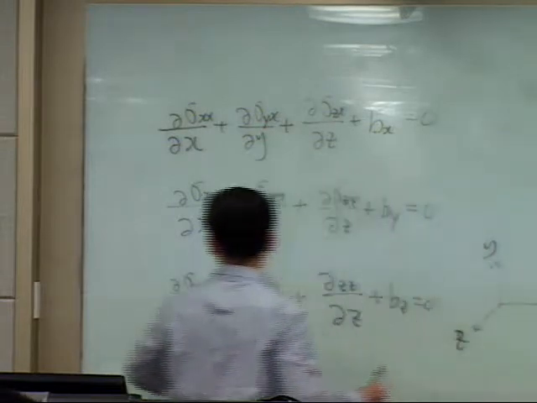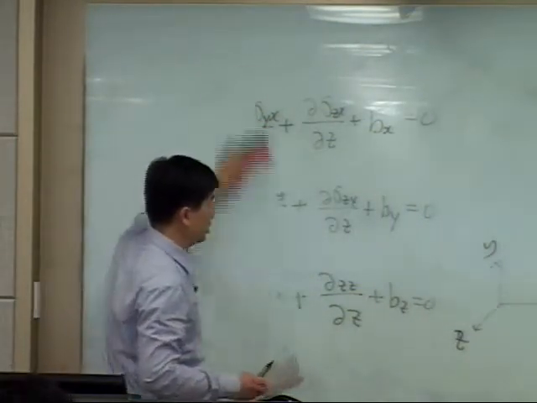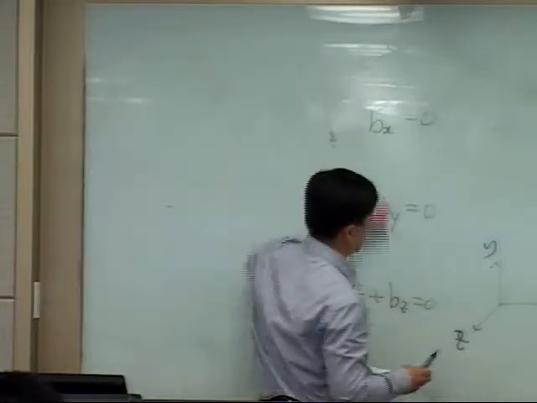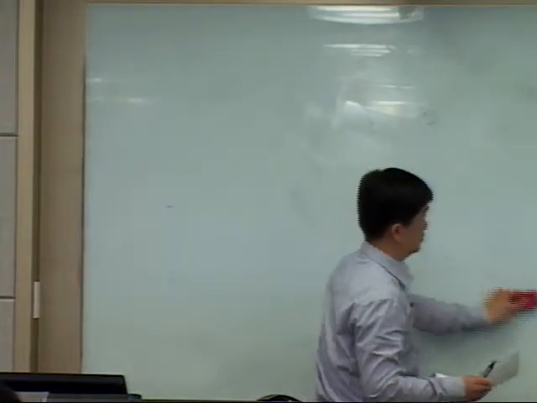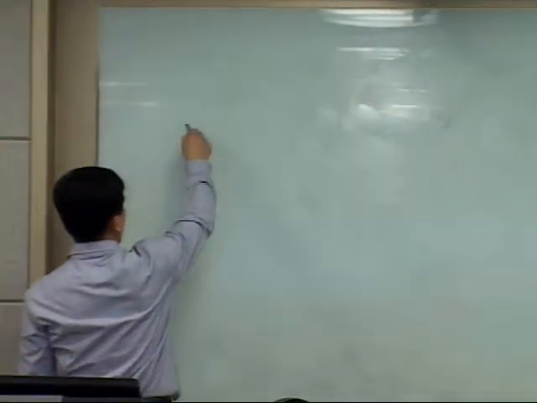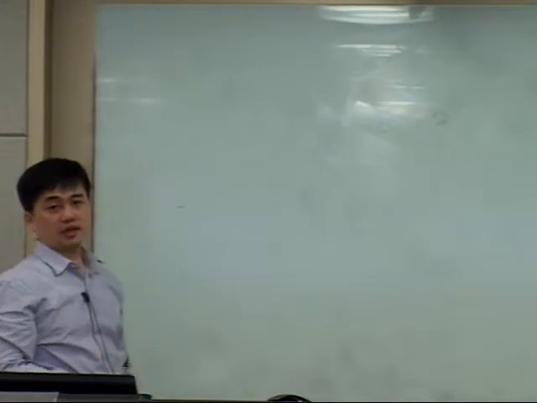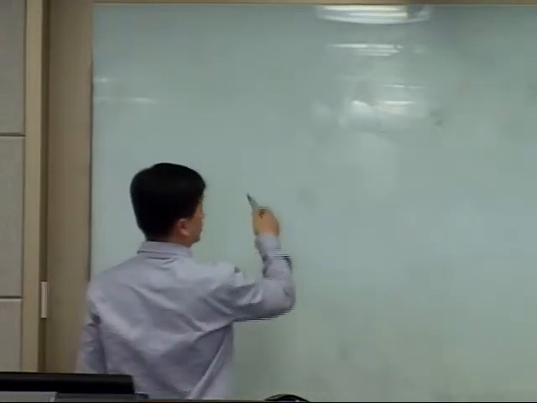Let's calculate the moment. How about the body force? Body force doesn't give any moment, right? Look at this one. How can I calculate the moment? Moment can be calculated by force multiplied by the moment arm, right? What's the force for that one?